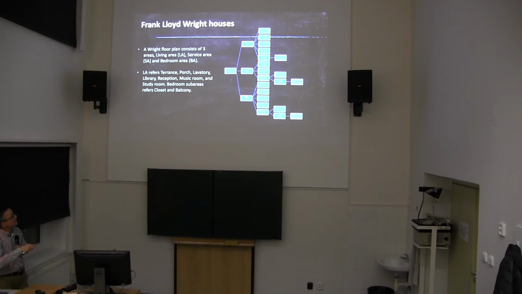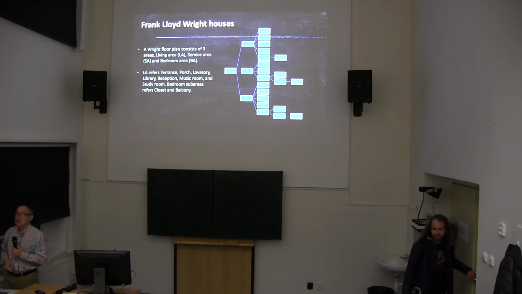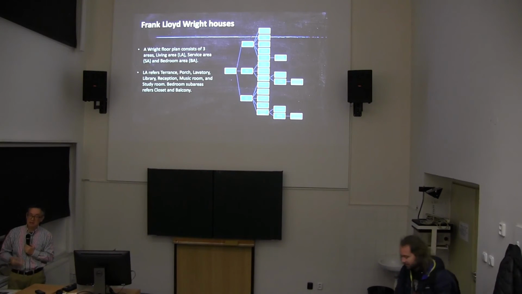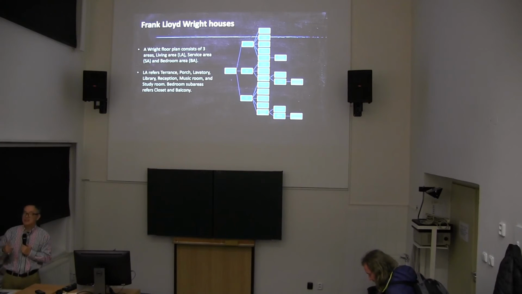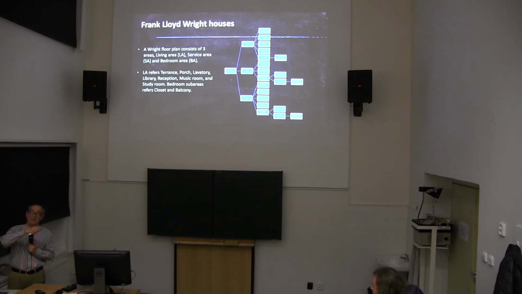So three areas, and on the individual areas you have different sub-areas, and living sub-areas, and the bedroom sub-areas could be closet or balcony here. So basically that's the tree structure. The hierarchical structure is represented as a tree. This looks like a tree, right?